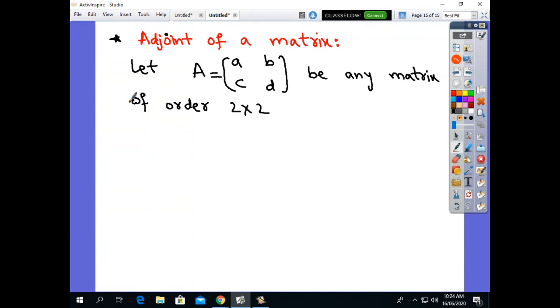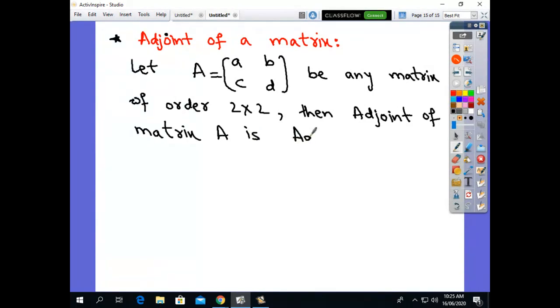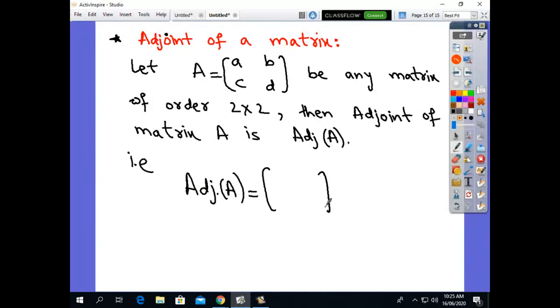Then the adjoint of matrix A, where ADJ is a short form of adjoint of matrix A, is equal to, how do we take the adjoint of a matrix?